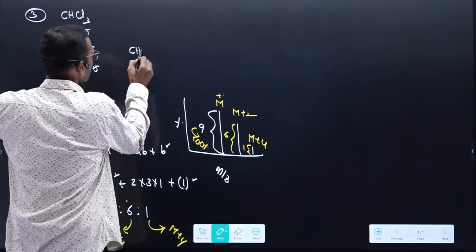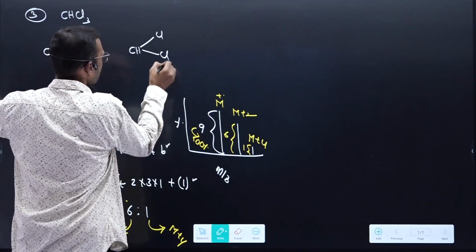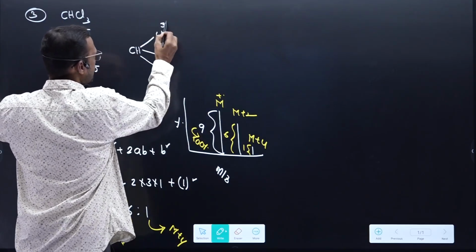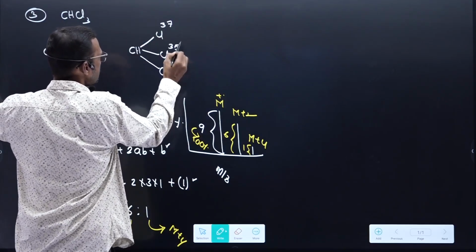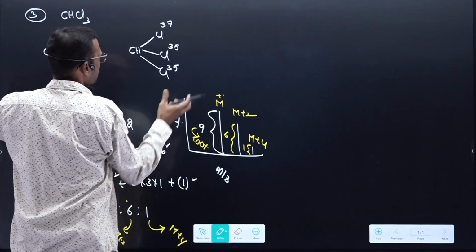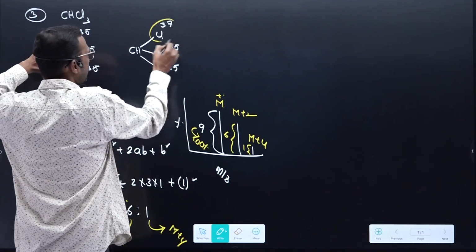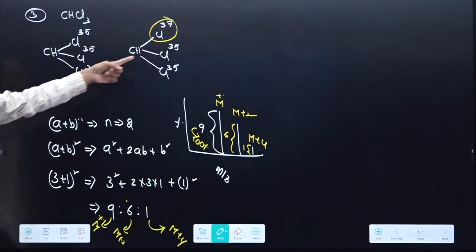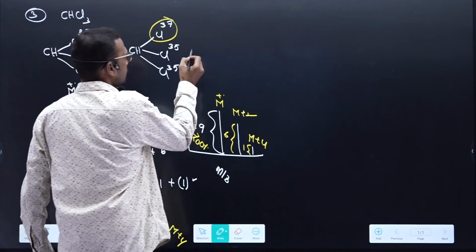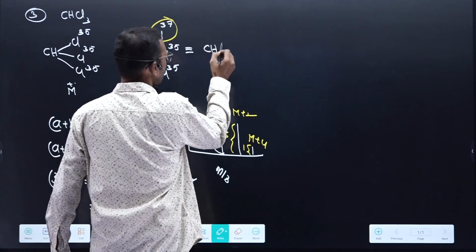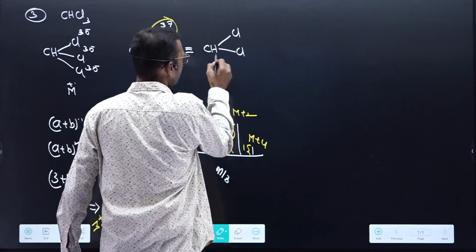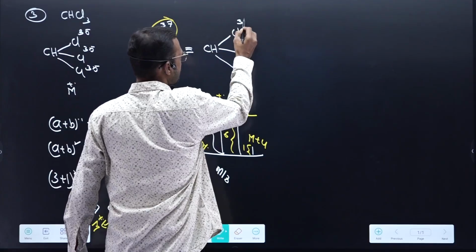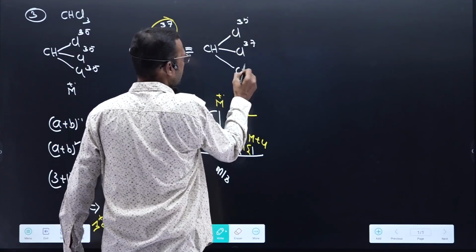Now here I am writing 37, 35 and 35. See, here all are lighter, here only one is heavier: one heavier, 2 lighter. This is also possible: lighter, heavier, and this is 35, heavier, and this is 35.